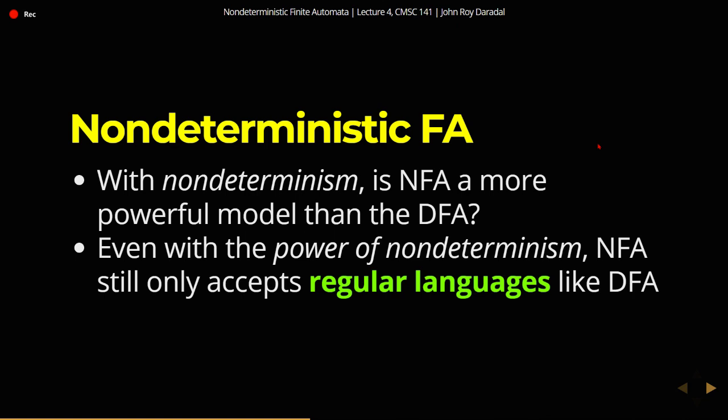In reality, the power of non-determinism is only for convenience, but in fact, it doesn't add more computing power to your finite automaton. So it still only accepts the same set of languages as a DFA. And as we'll see in the next video, in the next topic, we can convert an NFA to a DFA and vice versa. So we can say that they are equivalent.